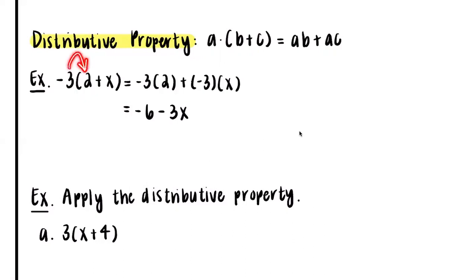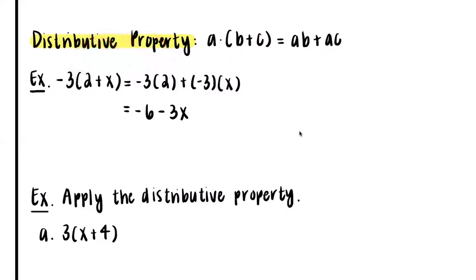So we would have -3 times 2, that would be our first term, plus the operation that follows from within the parentheses, and then I would distribute -3 times x. There could be a million terms inside this parenthesis, and that -3 is going to be distributed to everyone inside.